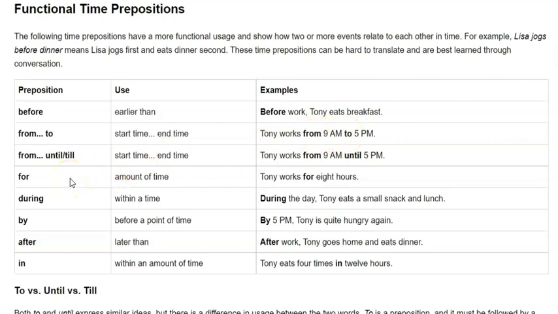Then there is for, which we use when we consider an amount of time. For example, Tony works for 8 hours. Eight hours is an amount of time, so that's why for is used. The other one is during, which we use for events happening within a time, when there is a time limit, just like during the day.